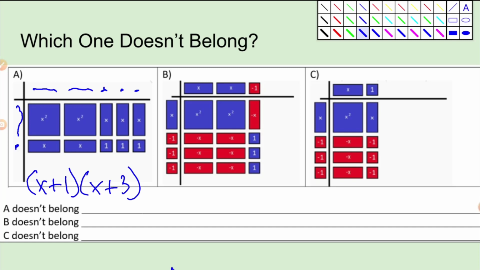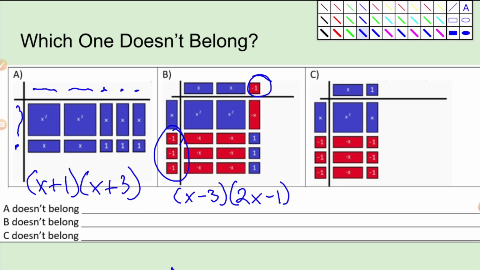A doesn't belong because we're missing the factors on the outside. For B, B doesn't belong probably because of this term and this term. Both of my units and my factors are going to have a negative value. So for instance, let's write our factors out. The factors for this one right here would be x subtract 3 and 2x subtract 1.